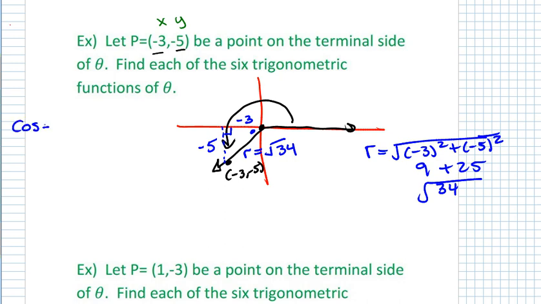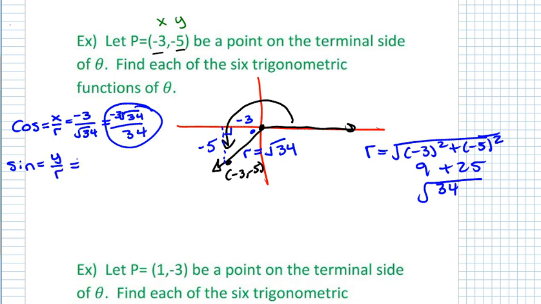Because remember, cosine is x over r, so it's negative 3 over the square root of 34. And remember that rationalizes to negative 3 square root 34 over 34. The sine, remember that's y over r, so that's negative 5 over the square root of 34, and that rationalizes to negative 5 square root 34 over 34.